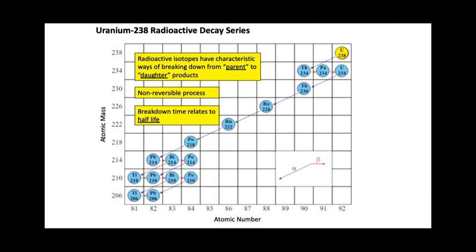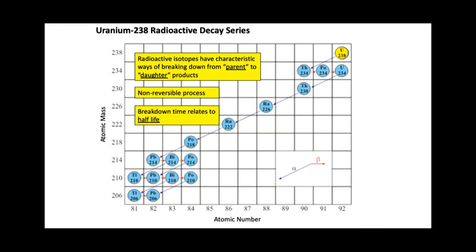You take uranium-238, that's the very upper right-hand side here. The atomic number is 92. That's what makes uranium uranium, by having 92 protons in it. The rest, 238 minus 92, that's how many neutrons you have. With an alpha decay, you're losing 2 neutrons and you're losing 2 protons.